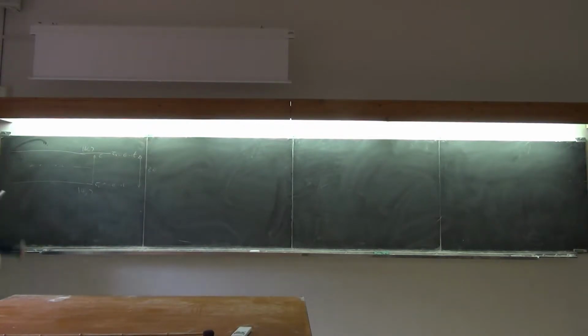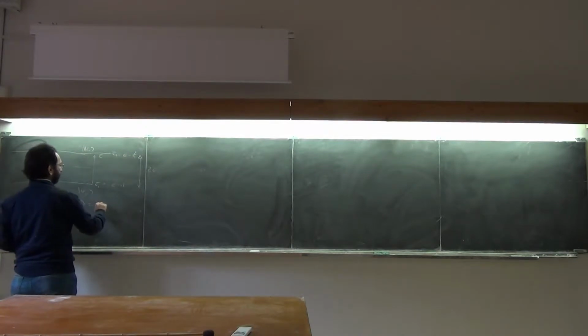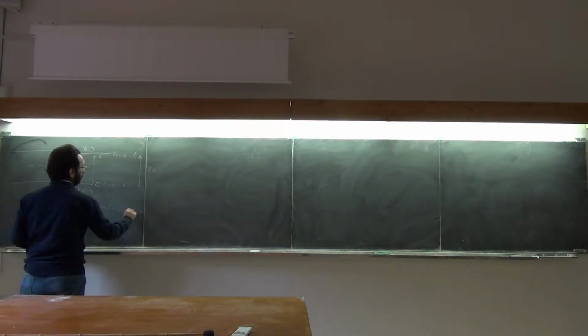So we should substitute this psi naught with some psi naught star, which is a boundary conformal state.